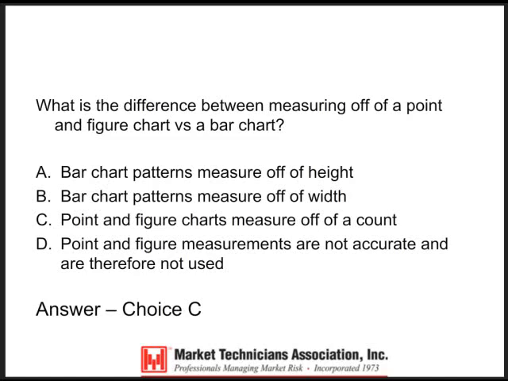And bar charts are generally based on height. It's the height of the candle, the height of the flag, the height of the pennant, the height of the neckline to the head. So it's generally off of the vertical chart, but with point and figure, you're measuring off of a count.